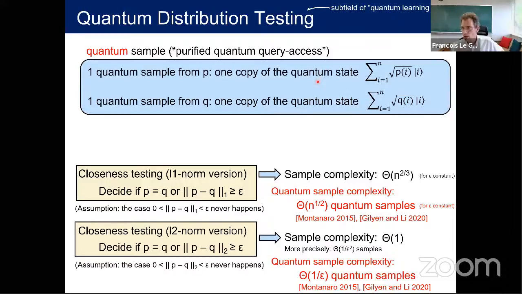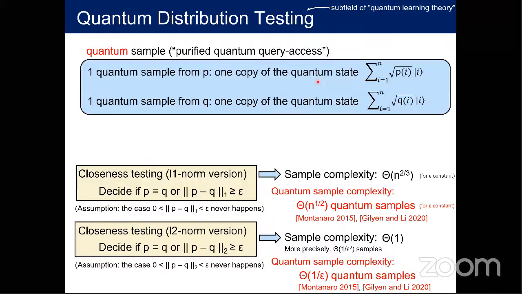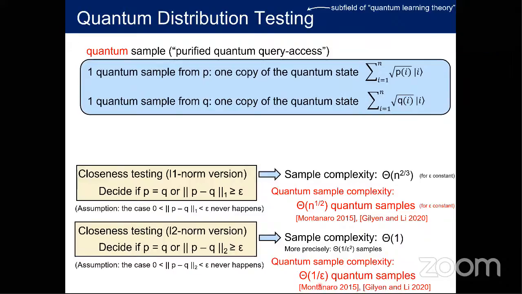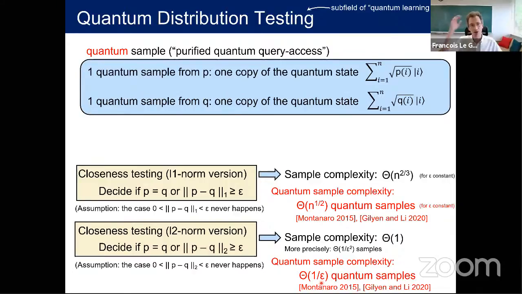The question is, why do we need the U inverse, maybe? Yes. I think it's especially for this one. It's because you are using quantum amplitude. So my question is, how about the complexity without? It's a good question.